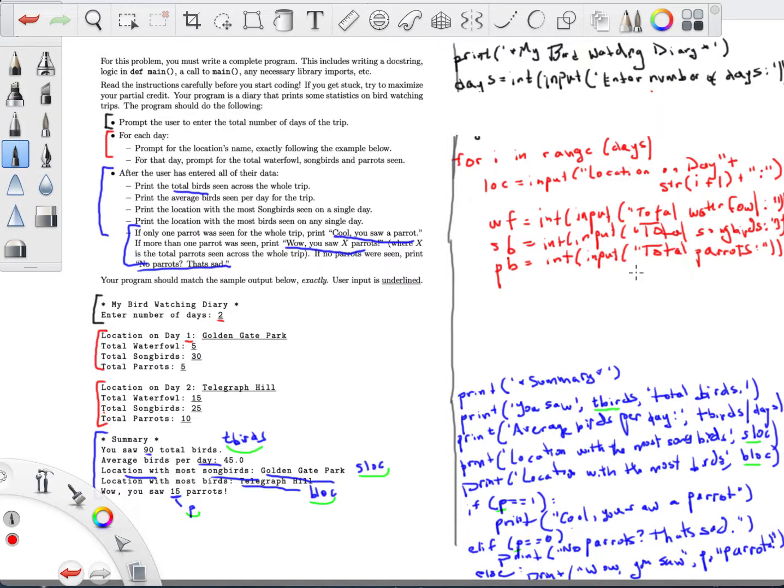Okay. That has not helped me figure out T-birds or S-loc or B-loc, but it has accomplished these prompts.